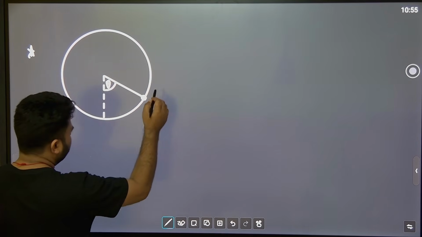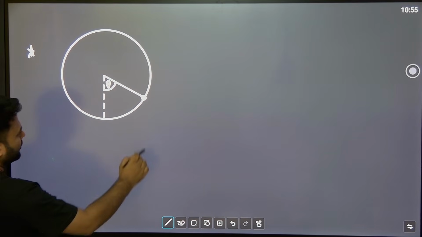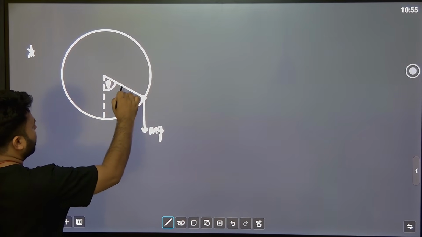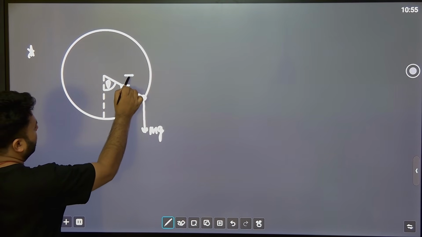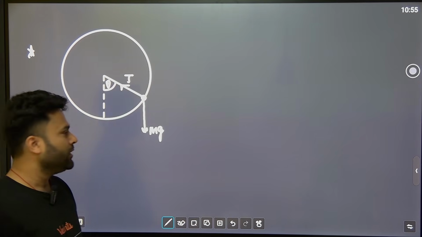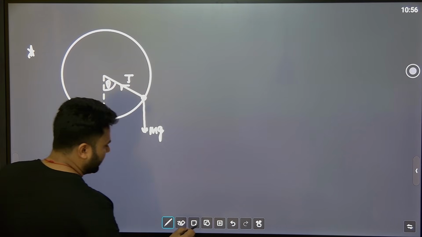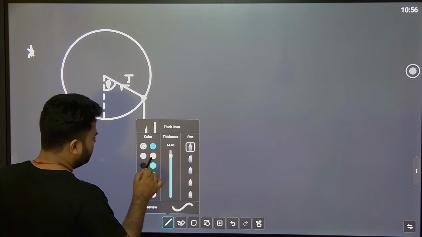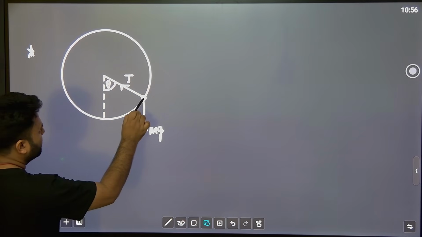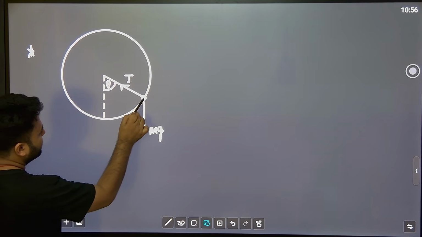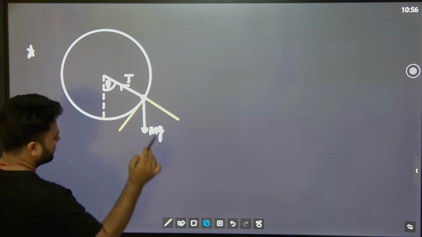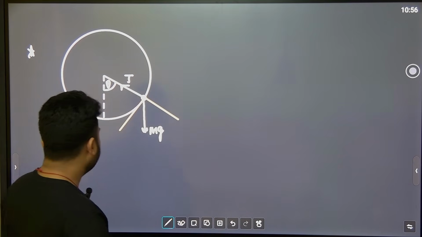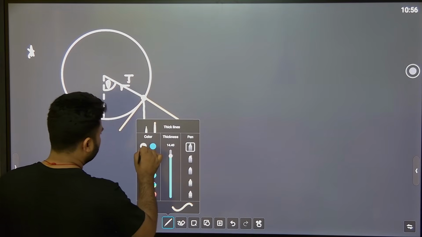So see, again we will write all the forces acting on the ball. One force is mg, downward. One force is tension. Tension will always act away from the body like this. Now if I resolve this mg into two components like this, we can resolve any vector into its two components.